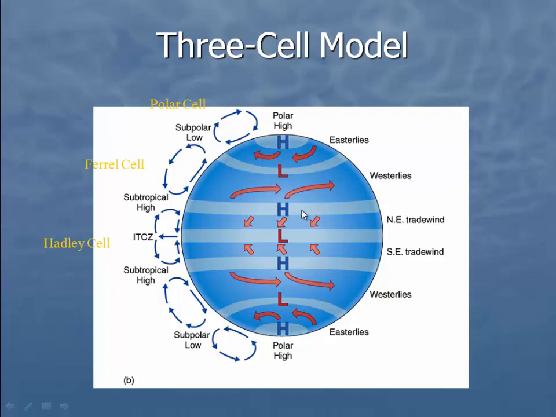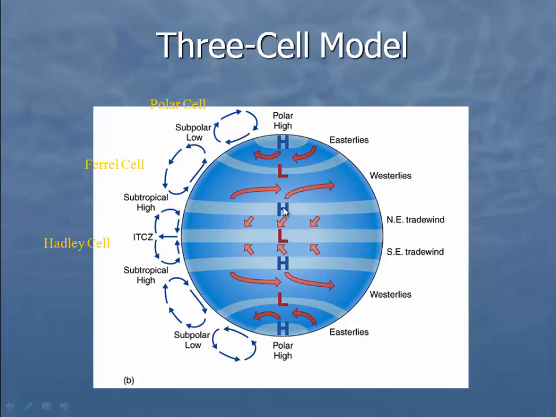Now you might be asking yourself, why is the wind blowing in from the northeast in the northern hemisphere, but from the southeast in the southern hemisphere? Well, let's think about our forces that are governing this. We are allowing the Earth to rotate now, so we have to think of the Coriolis force. Imagine yourself standing on the subtropical high pressure in the northern hemisphere, and pointing towards the equator.